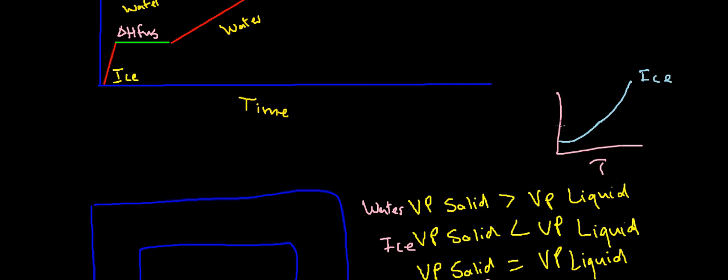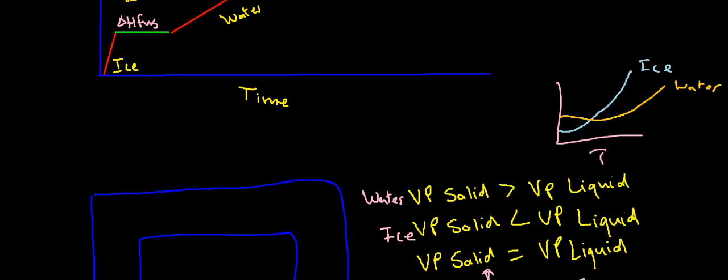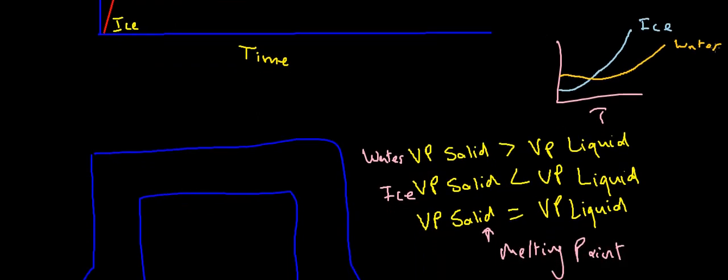And this will be water. So each one of these vapor pressures for the ice and the water will change differently according to temperature. And this will be the melting point.